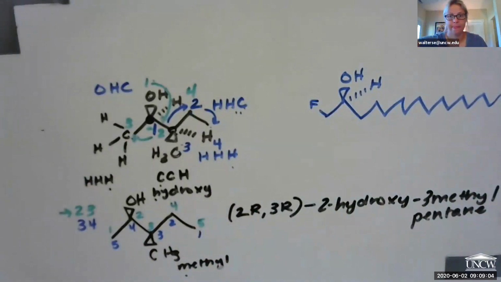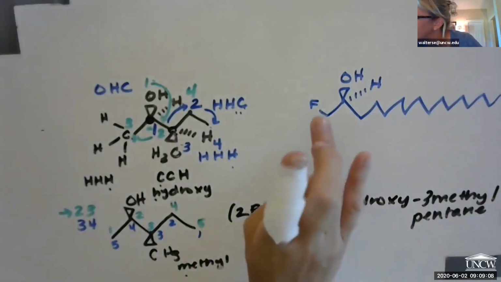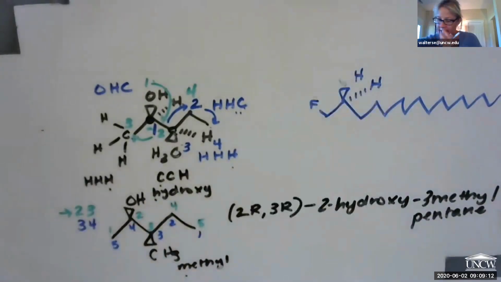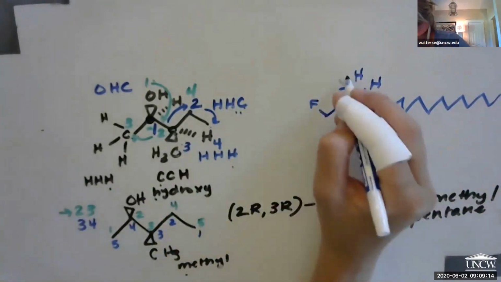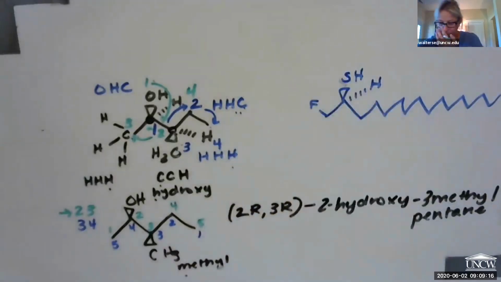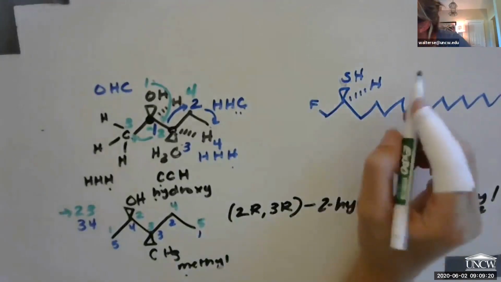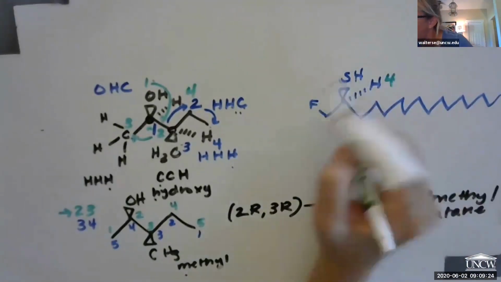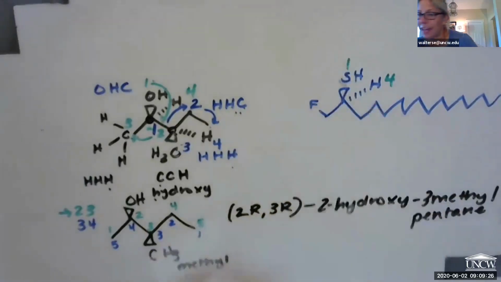Right? Wait a minute. I want this to be not an OH, make it an SH. Okay. So hydrogen would be 4. The sulfur has a higher atomic number than fluorine, so that's 1.